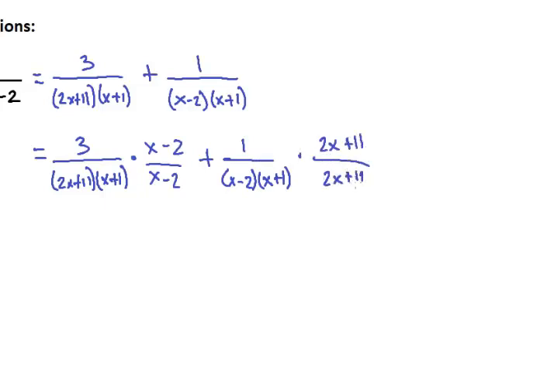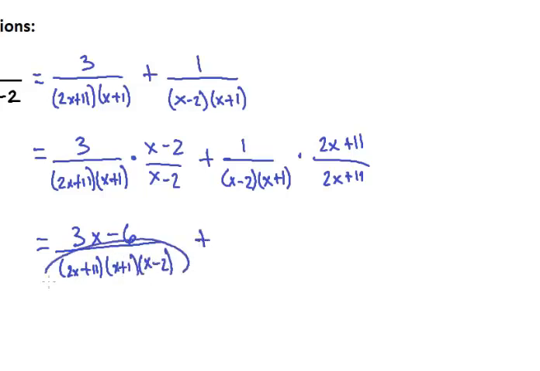So multiplication of the first thing, 3 times x and 3 times minus 2. That will give me 3x minus 6. On the denominators, we don't multiply, we only copy them inside parentheses, so it will be 2x plus 11 times x plus 1 times x minus 2.